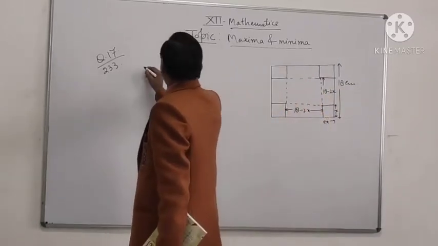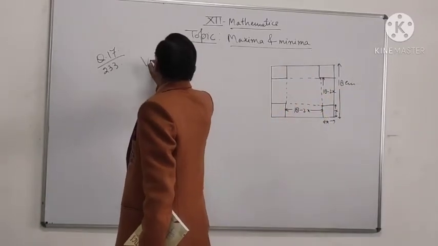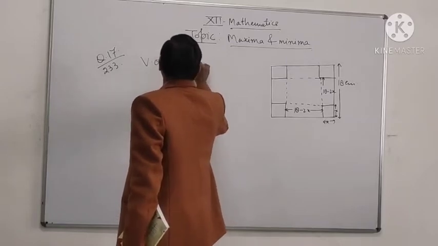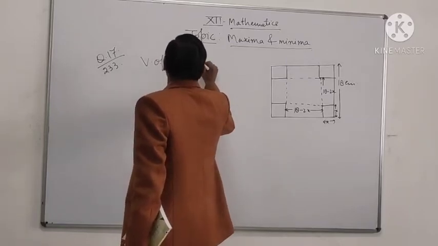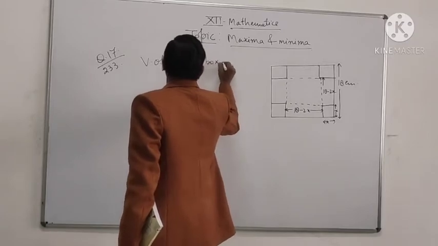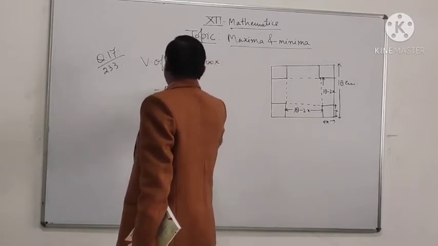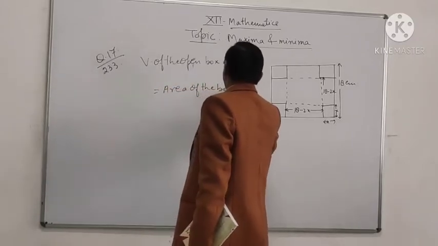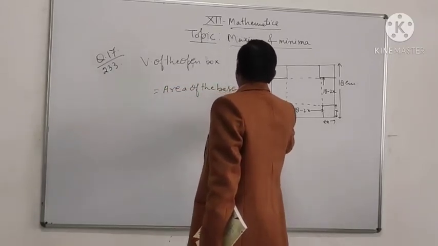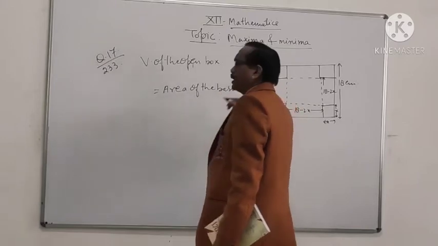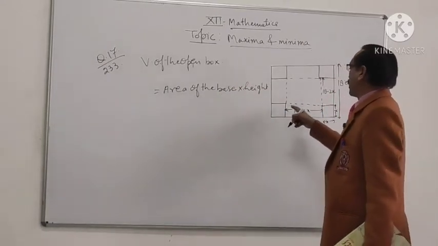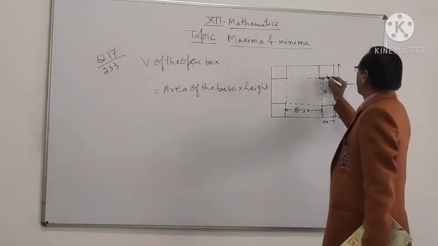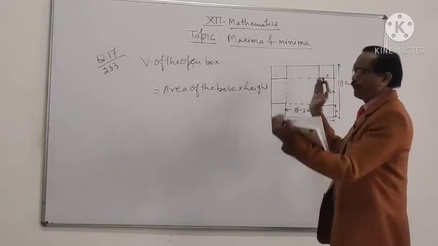So, volume of the open box equal to area of the base into height. Student, base is a square of side 18 minus 2x and height will be x because this part will be folded.